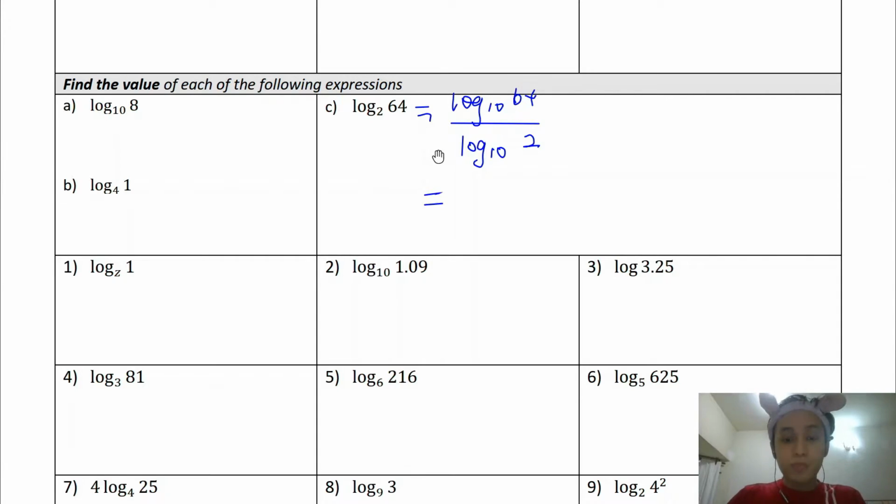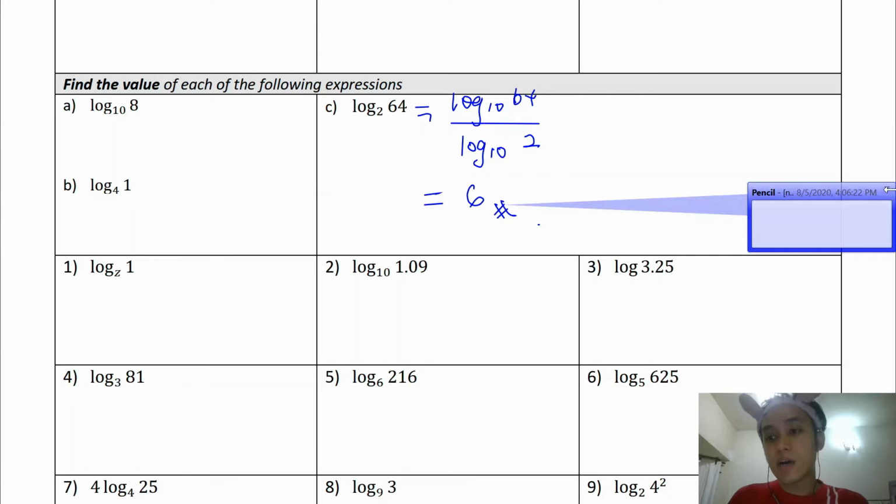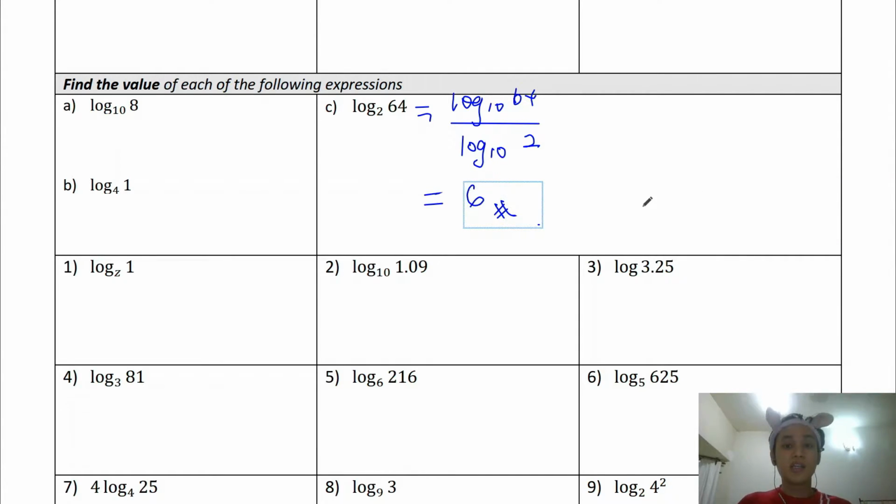Then you just punch in your calculator log 64 divided by log 2, and you should get the same answer, which is 6. That is how you can solve any log number by using the change of base.